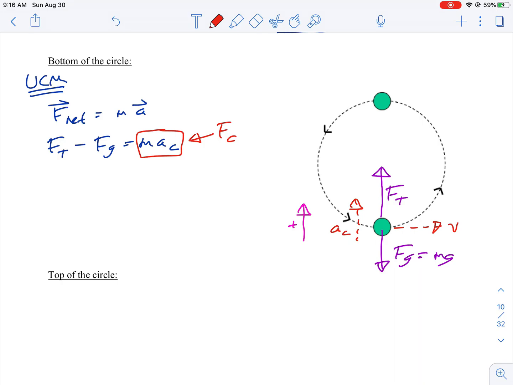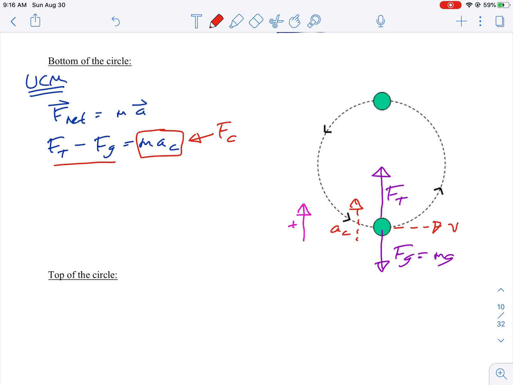Strangely enough, the centripetal force is not just one force, it's a combination of these two forces here, Ft minus Fg. The way you can look at it is this. If you look at the force diagram, can you see that Ft is definitely going towards the center of the circle? So it is definitely trying to cause circular motion. That's why Ft comes out to be positive here.